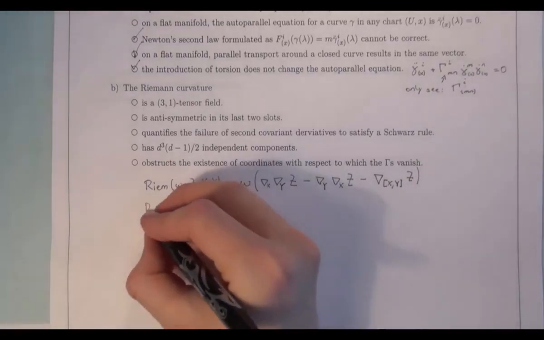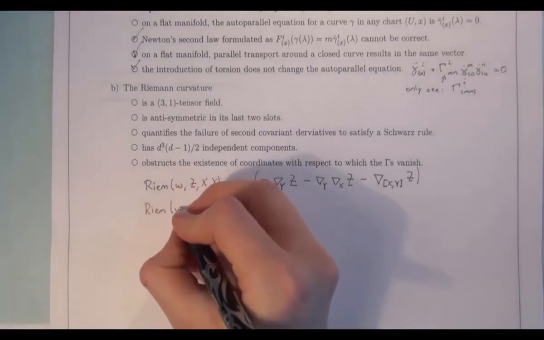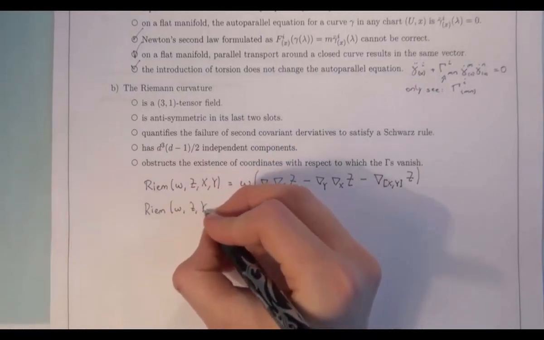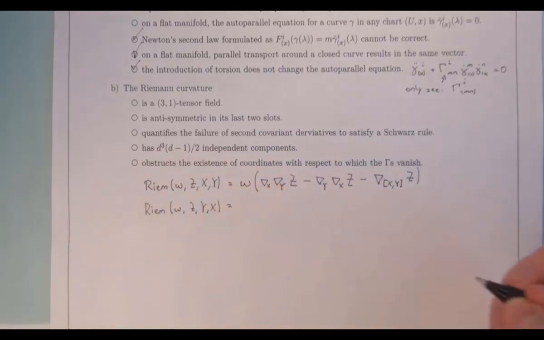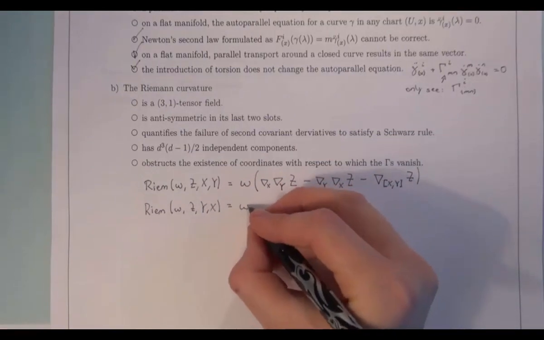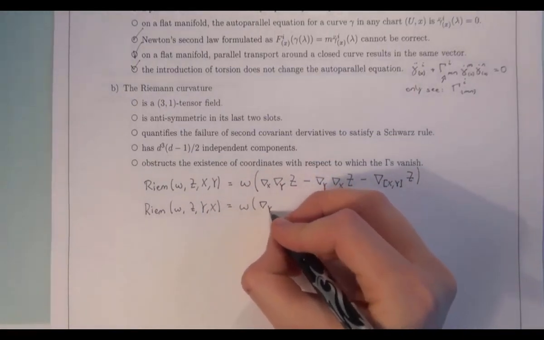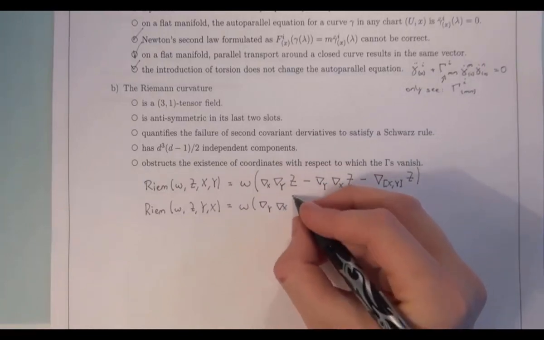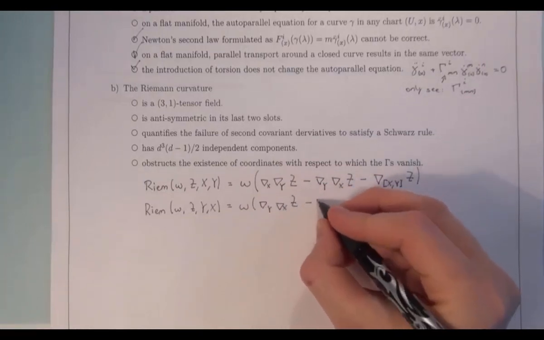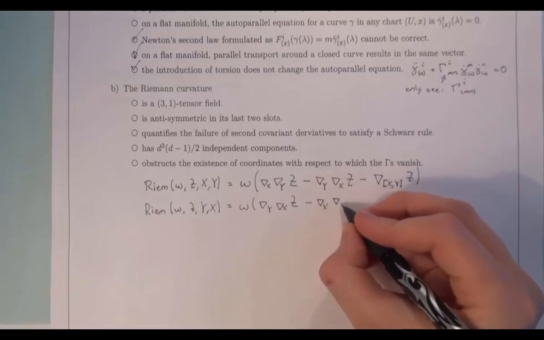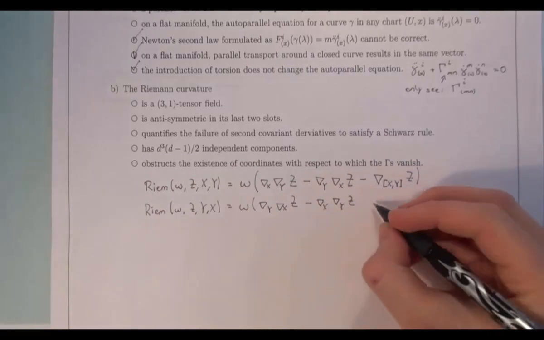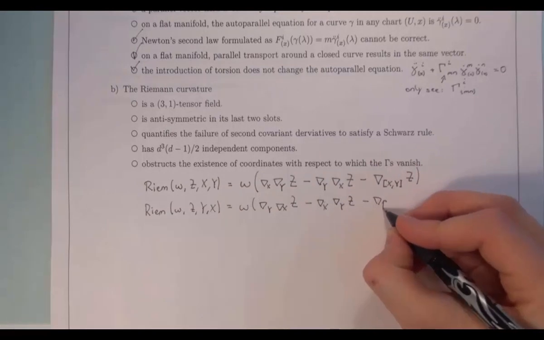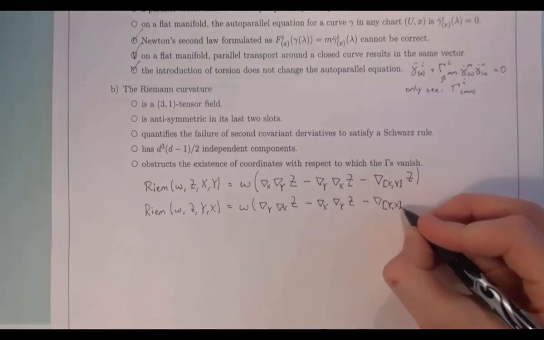So now we can look at what happens if we exchange x and y. We exchange the entries in the last two slots, where we find that this is omega of nabla y, nabla x on z, minus nabla x, nabla y on z, minus, and here we change the order in the commutator.